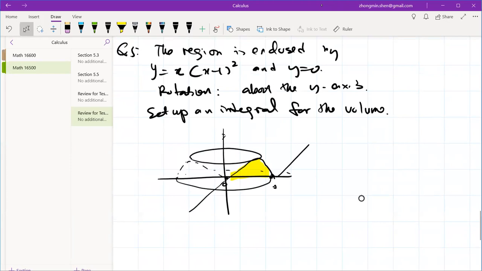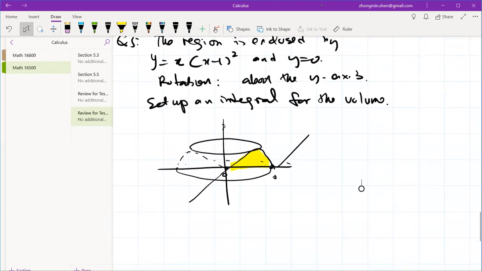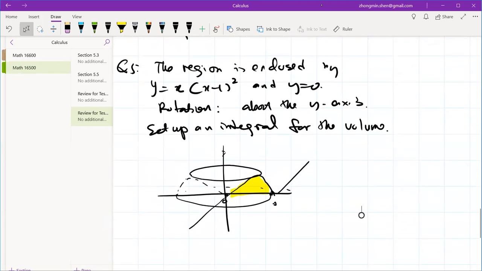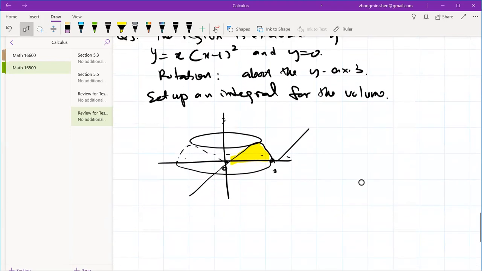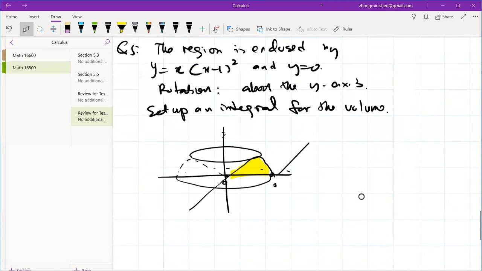You have 2 different ways to cut this solid. Use the horizontal knife, flat knife, or use a cylindrical knife, right? If you use a horizontal knife, you use a disc to set up an integral for the volume. But it's very hard to find the radius, honestly. So this function given in this form, you are forced to use cylindrical shells to set up an integral.